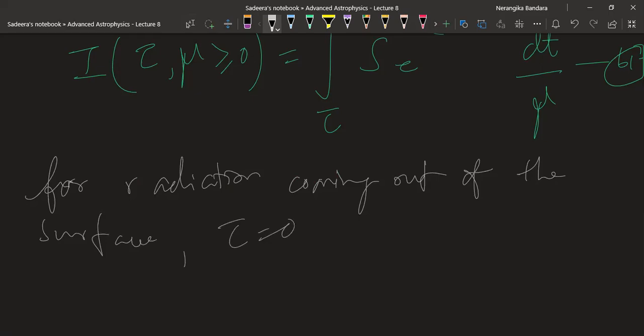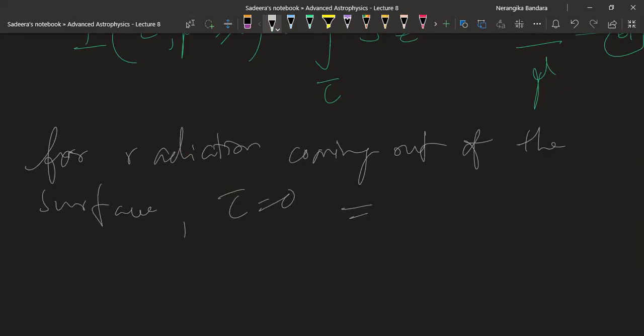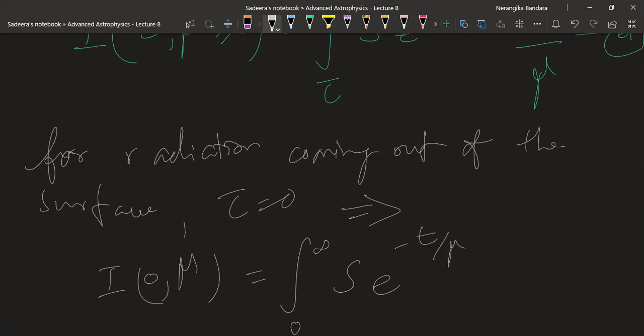Please refer to the place where we discussed that. Then the solution becomes simpler, since this is for radiation coming out of the surface. The boundary term is going to be 0, and you can get a simpler solution like this.